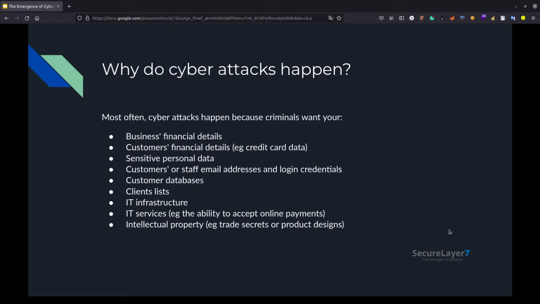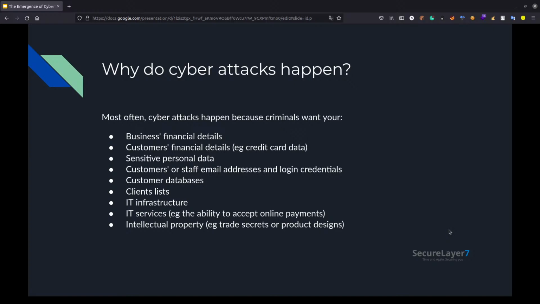The next question always arrives: why do cyber attacks happen? Most often cyber attacks happen because criminals want your business financial data, customers' financial details, for example credit card or any banking details, sensitive personal data, customers' or staff email addresses and login credentials which they could use for further exploitation.